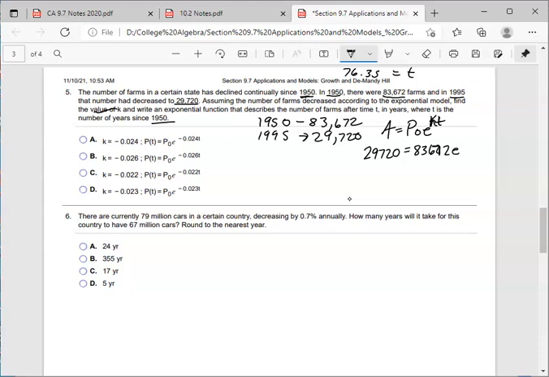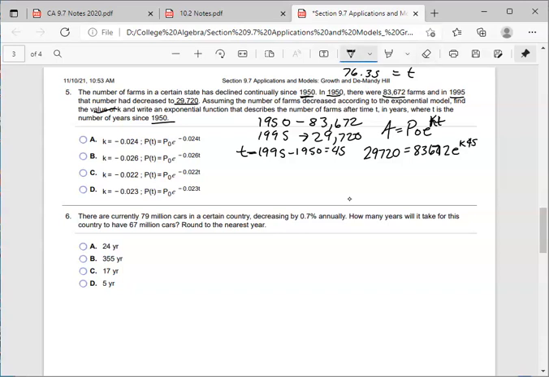I don't know what that K is. I'm trying to find that, but I do know what T is, because T would equal the amount of time that has gone by from 1950 to 1995, which is going to be 45 years, right? So we would put a 45 for T.